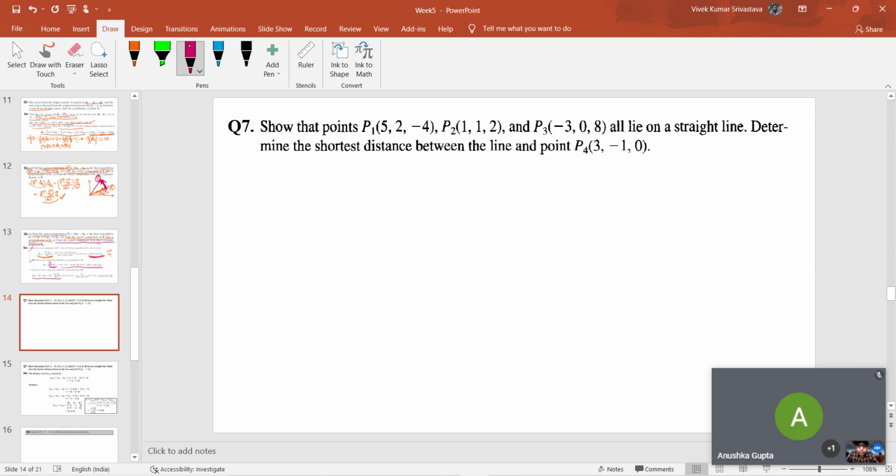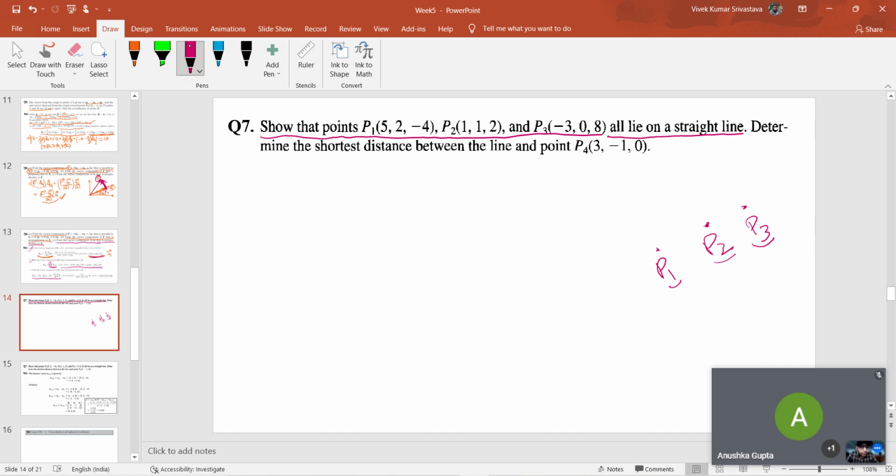So here is the next question. It is given to show that points P1, P2 and P3 lie on a straight line. The points are already specified here: 5, 2, minus 4 for P1, 1, 1, 2 for P2, and minus 3, 0, 8 for P3.